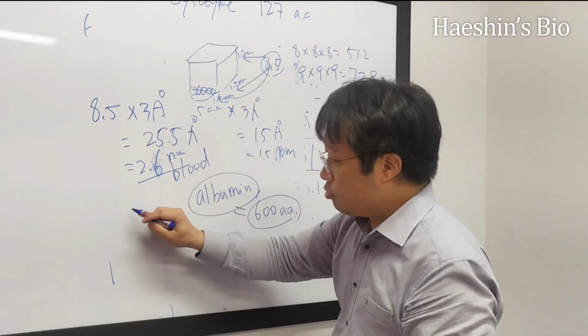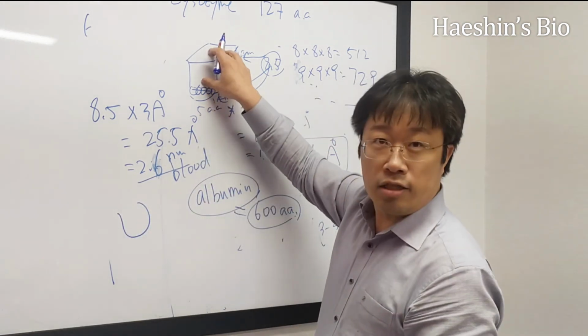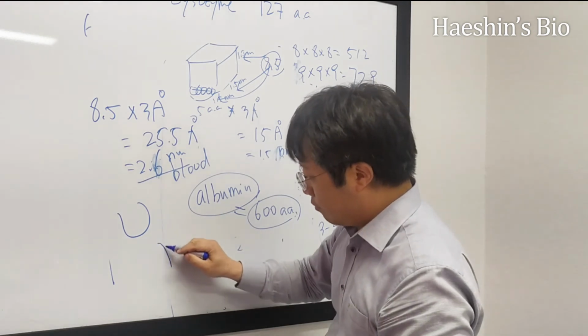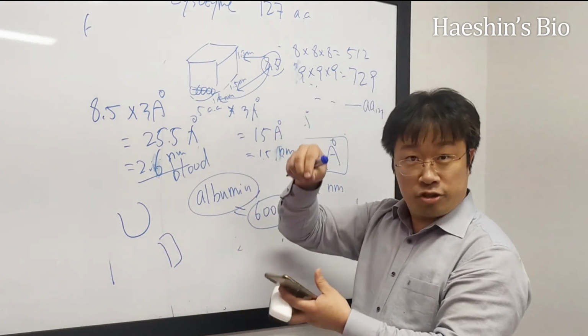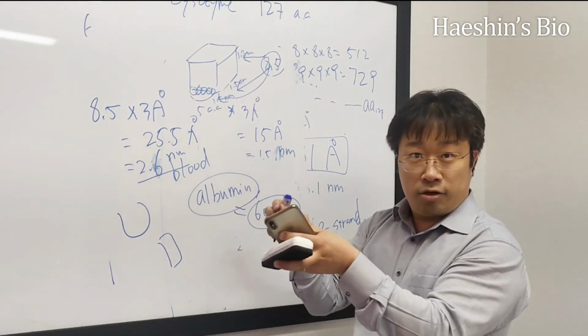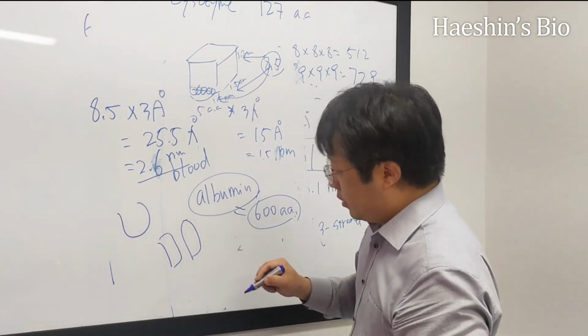Actually, they look not like an ideal cube structure but rather a little bit anisotropic, where a certain axis is larger than the other axes.